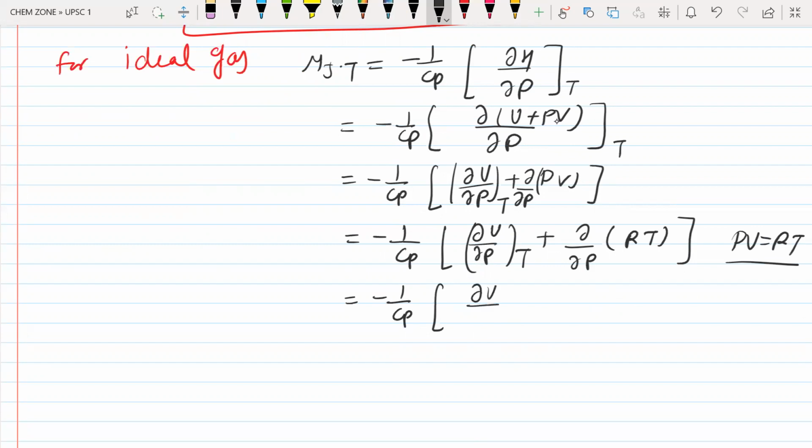Now, this can be written as, if we multiply by del V in denominator as well as numerator, we can get this. This term is taken as constant. We can put the value 0 here.